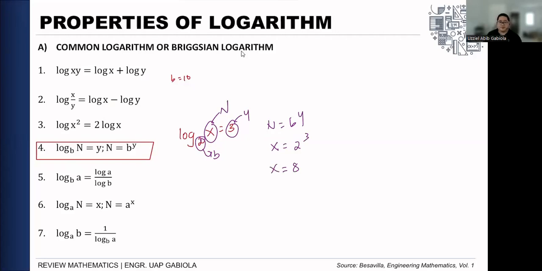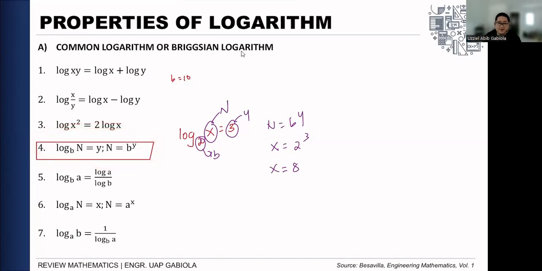Okay? So, pwede mo din siyang i-change into, is equivalent to logarithmic value, no? So, i-reverse mo lang yung process. Okay? Basta ang mahalaga, alam mo yung form na to.